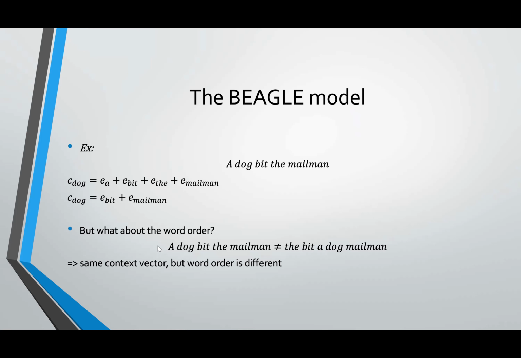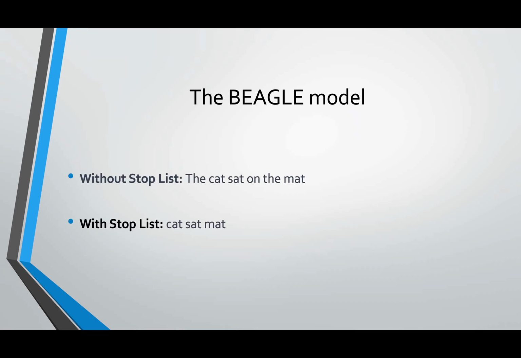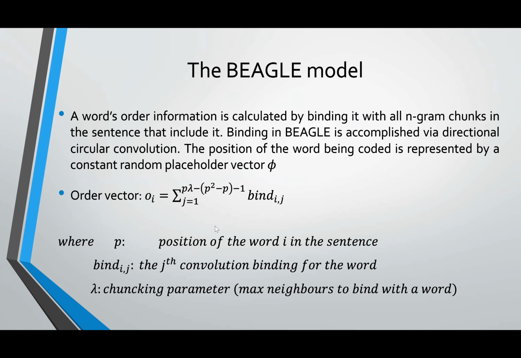But here we have another issue: the context vector for this sentence will be the same as this, although they do not quite have the same meaning. Here we show that without the stop list we have this sentence, and with the stop list we got this sentence instead.